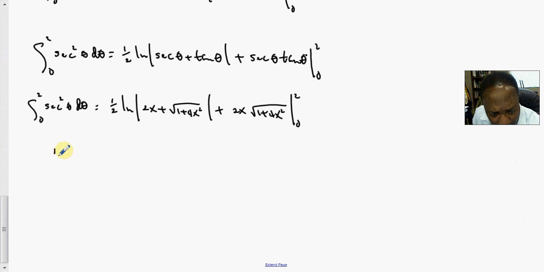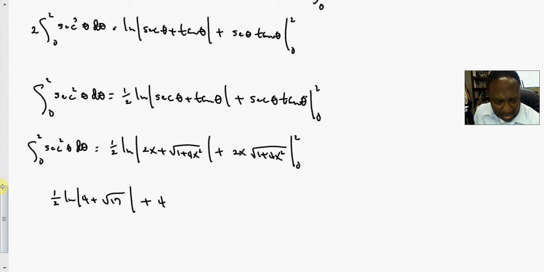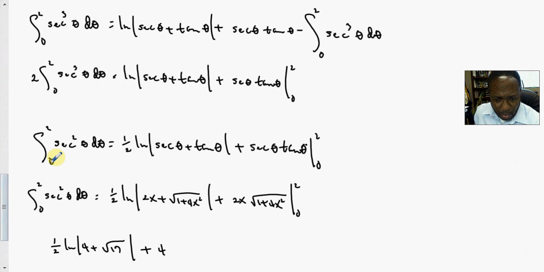So this is 1/2 times the natural log. If we plug in x equal to 2, we get 4 plus the square root of 4 plus 4, 16 plus 1, is the square root of 17, plus... this is 1/2 times everything. Dag blasted.